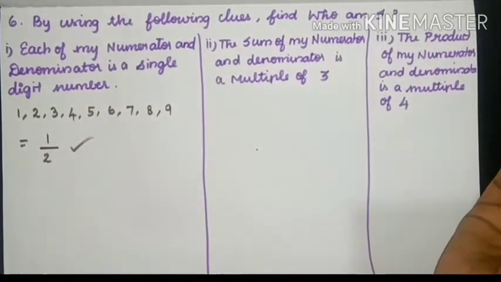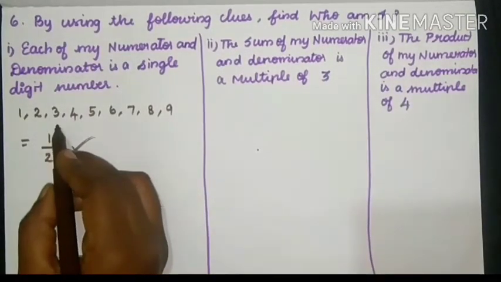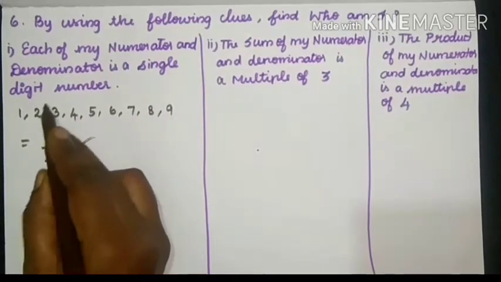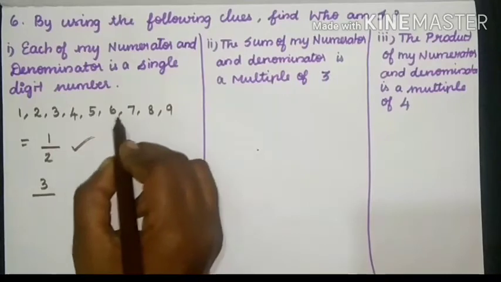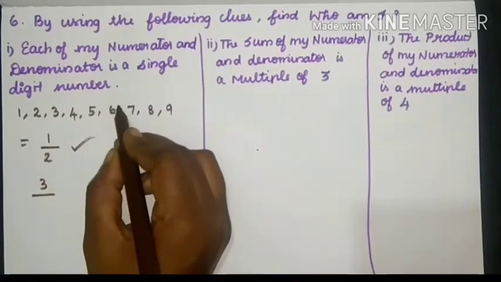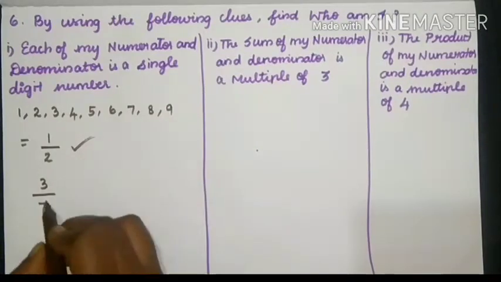It satisfies the first clue. Let's see one more example. If you choose the numerator value as 3 and the denominator value as 6 or 7, let's take this as 7, denominator value as 7.